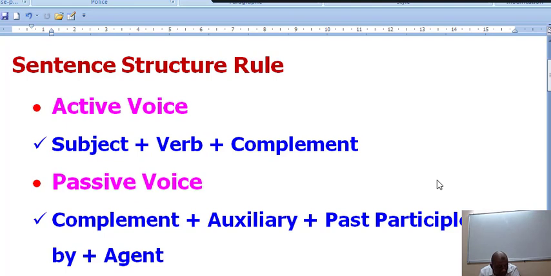Then we add by, and the subject that we have in the active voice becomes the agent. By plus agent is not obligatory. You can write it or you don't write it, no problem. So this is the rule and the structure that you should follow from active to passive.